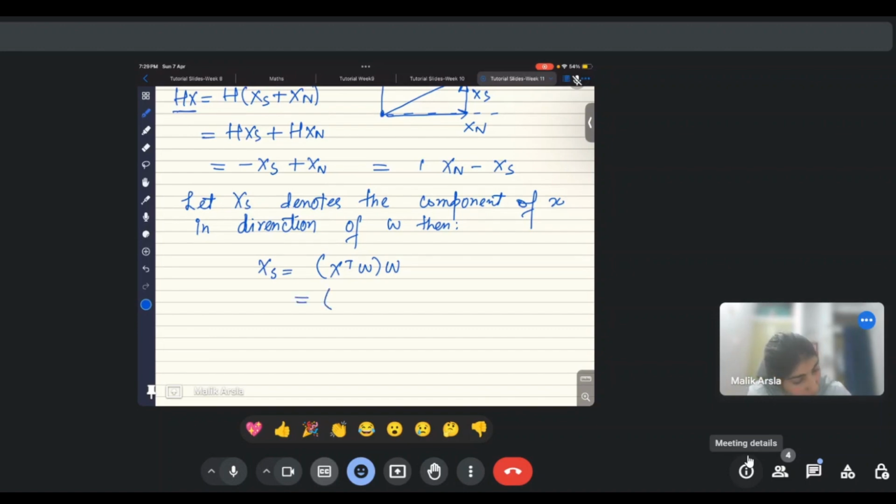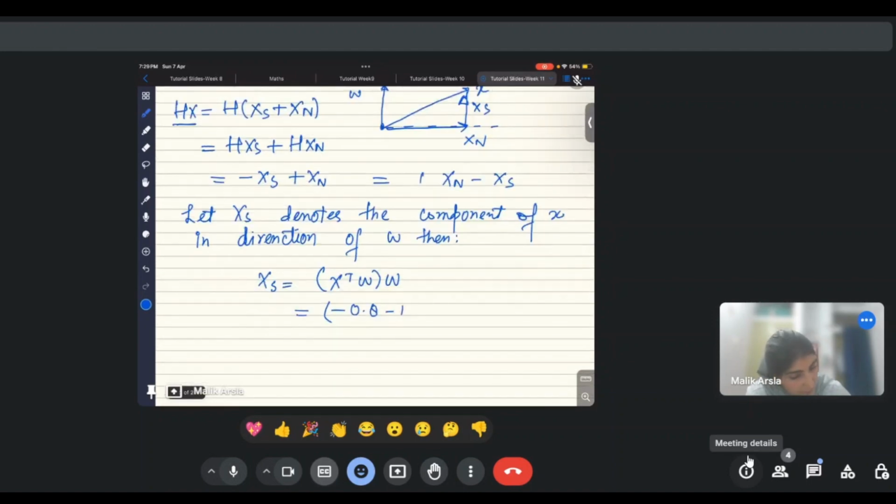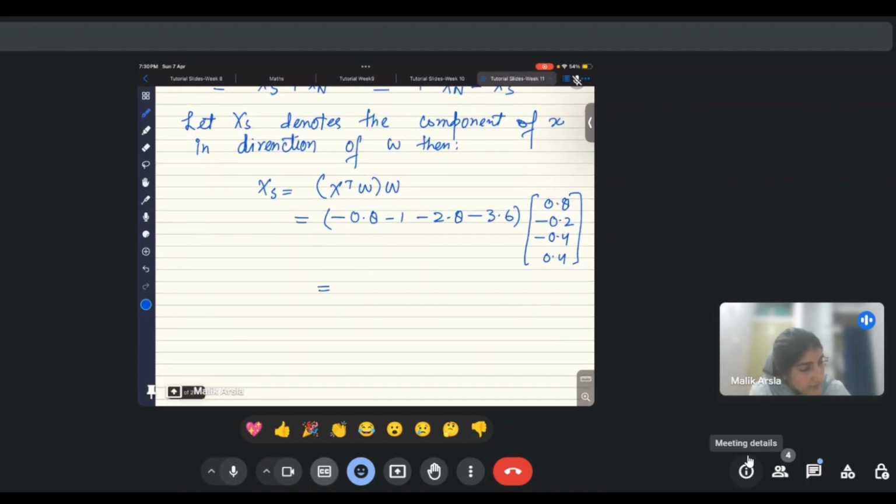It will be equal to (minus 0.8 minus 1, minus 2.8 minus 3.6) into the W vector. The W vector is 0.8, minus 0.2, minus 0.4 and 0.4. This comes to a number, and when you multiply it, it will be minus 6.56, 1.64, 3.28 and minus 3.28.